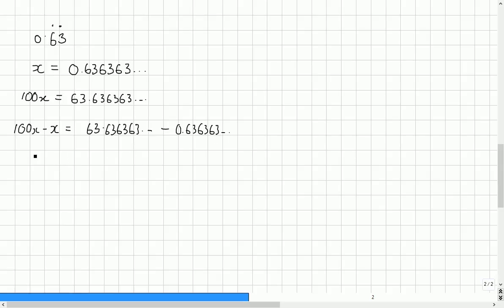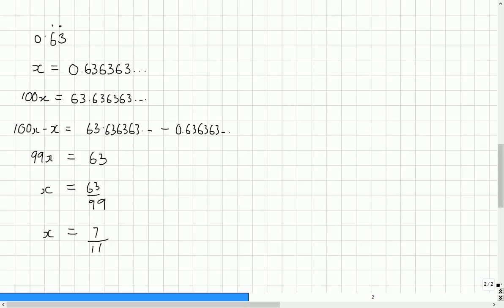Repeat it. So on this side we're going to have 99x, and on this side we're just going to have 63, because all of this is just what's here after the decimal point. So now we can say x is 63 over 99. But don't stop there. If you can see a way of cancelling down that fraction, simplifying it, then you should do. So we can see 9 goes into 63 7 times, 9 goes into 99 11 times, so there is our simplified fraction.